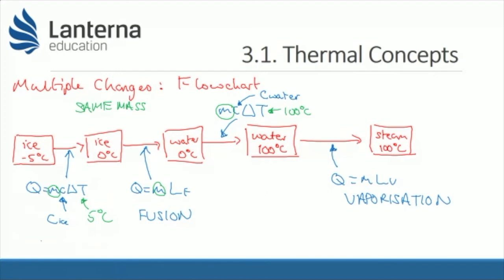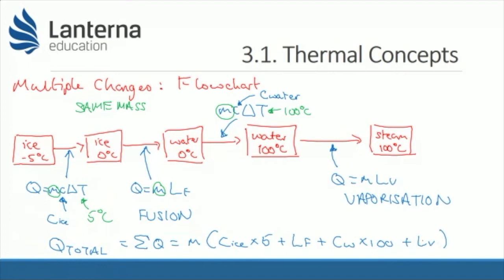And now what I can do is find the total energy. So Q total is just going to be the sum of all the Qs. If I take mass on the outside, because it's the same for each one, I've got c of ice times 5, because that was the temperature change here, plus the latent heat of fusion, plus c of water, I'll just put c_w because I'm running out of room already, times 100, plus the latent heat of vaporization.